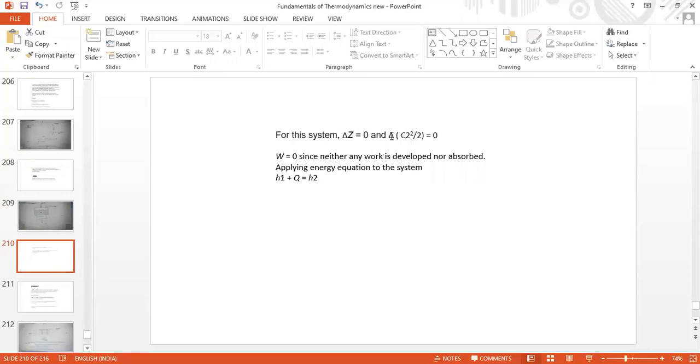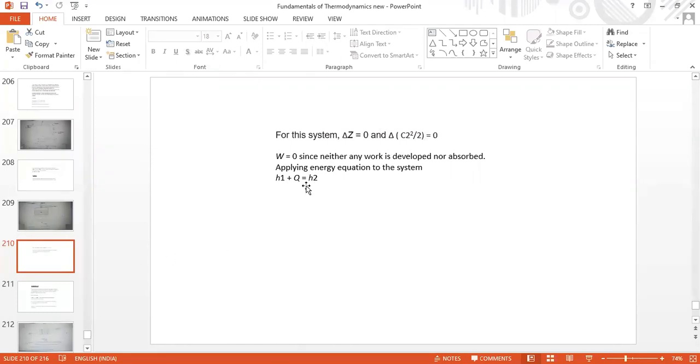Mostly the potential energies and kinetic energies are given as zeros, or shown as negligible, because compared to enthalpies they are negligibly small. That is enthalpy of water after heating minus enthalpy of water before heating. Compared to this H2 minus H1 value, these values are negligibly small. That's why we neglect those terms.